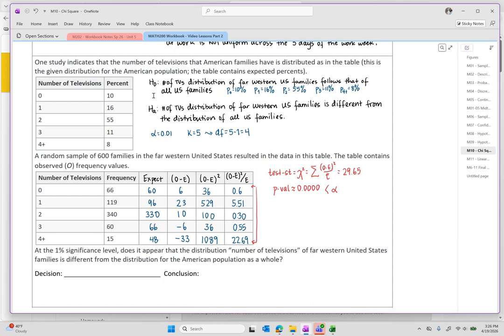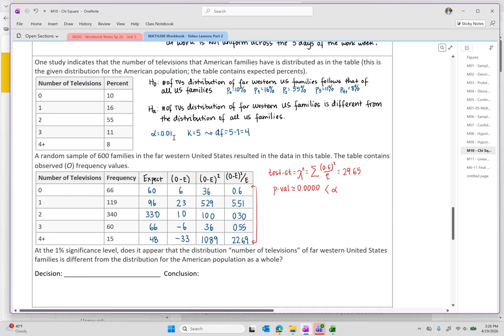After that, we want to use some kind of technology to find the area to the right tail of a chi-square distribution with degrees of freedom equal to 4 and a test statistic value of chi-squared of 29.65.